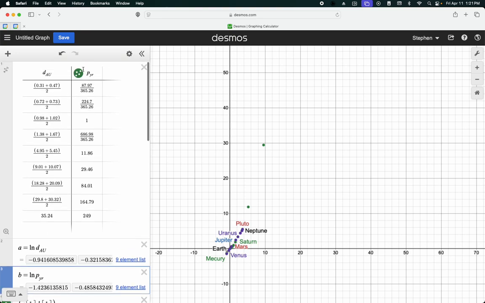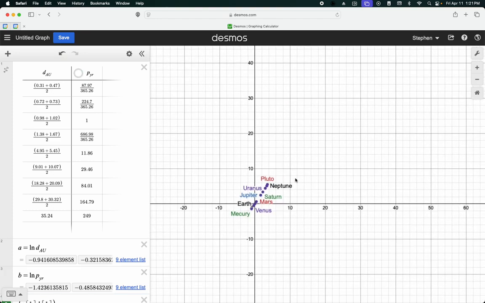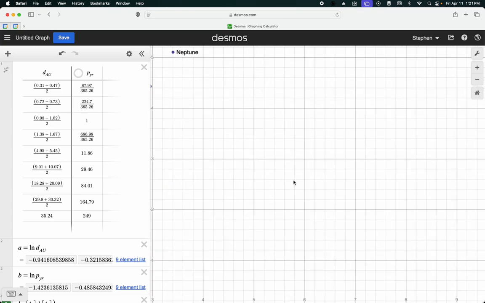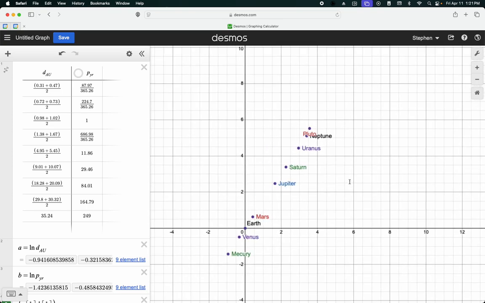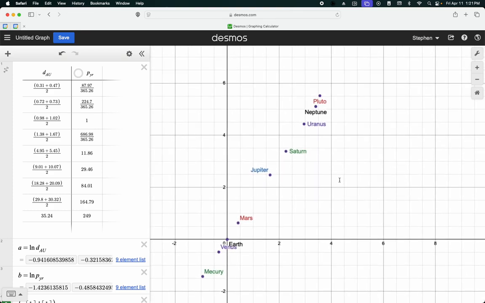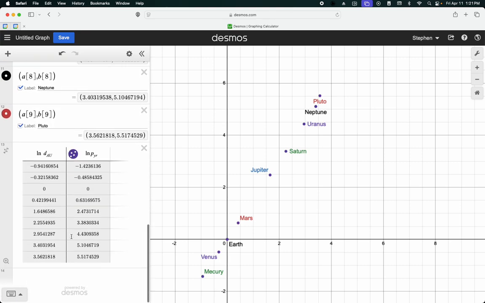And I'm going to click on my first data table and unclick those points because I don't need them anymore. So now if I zoom in, I've got a nice linear pattern of all of my points, except for Pluto. Yeah, so Pluto's different.